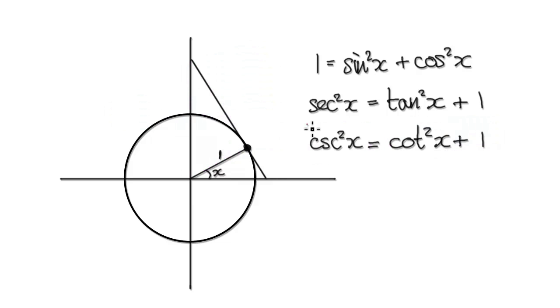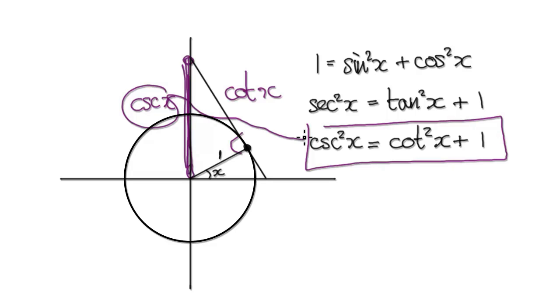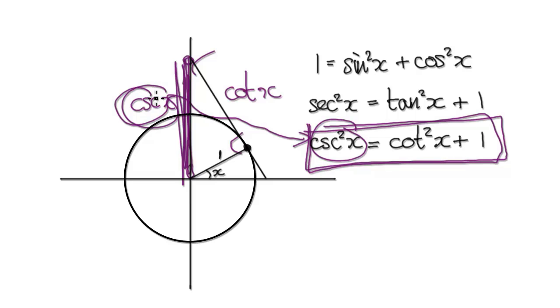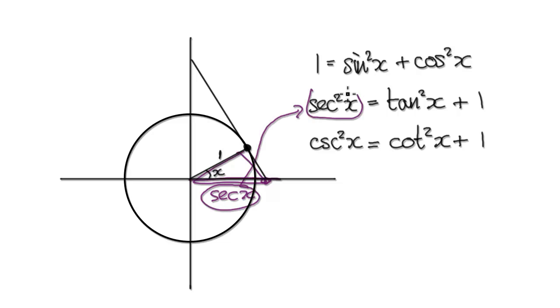So remember to memorize this, just remember that this is the longest length, which is cosecant of x, and then this is cotangent of x. So this is the hypotenuse. So that would then square it, and so on. So to memorize this, remember this bit here. This is cosecant. To memorize this, just remember that this is the longest length of the small triangle. This is secant of x. So you square the hypotenuse, which is this.